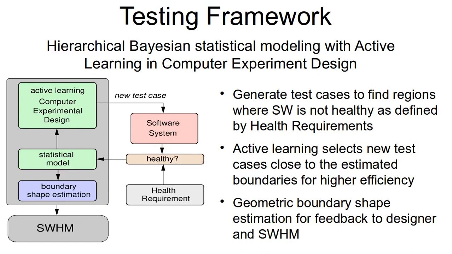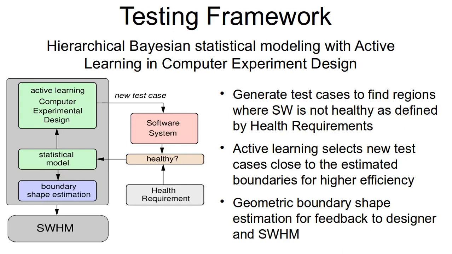The software system is exercised and executed using a test case, and as the system is executing, our framework checks if the software can be considered healthy or not healthy based on this specific test case.